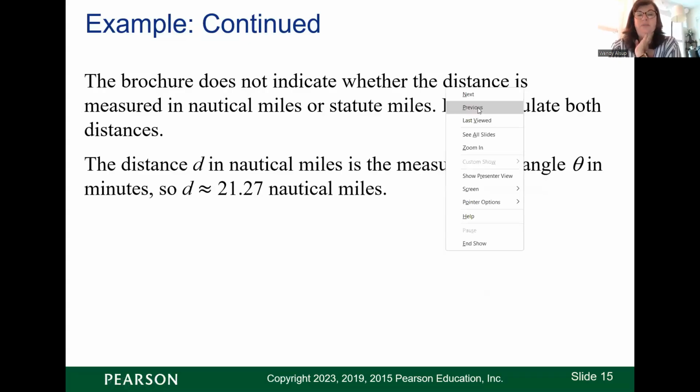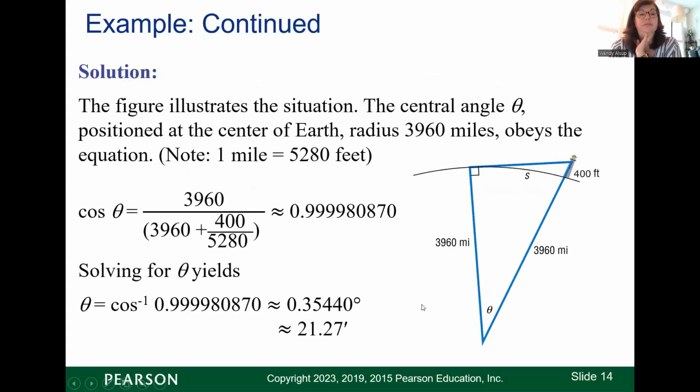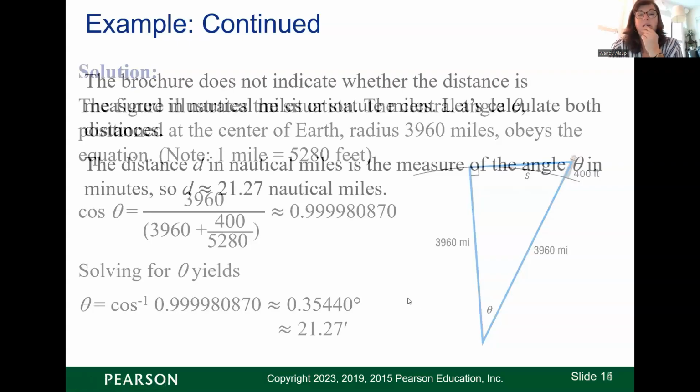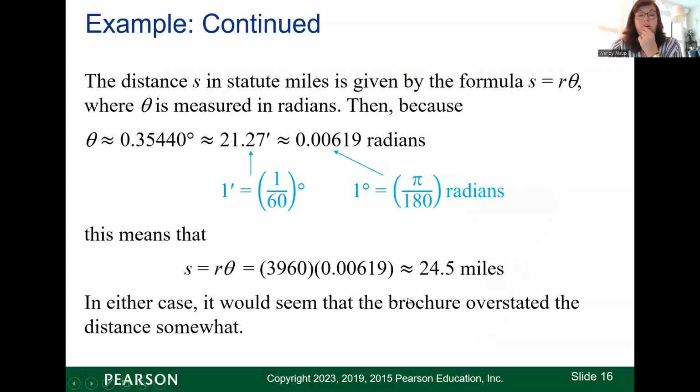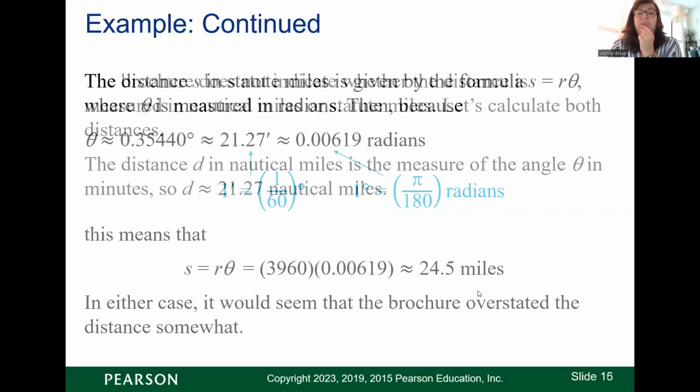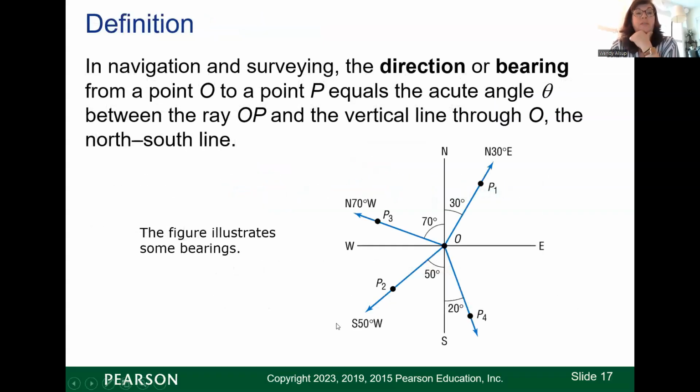But let's see, what was their conclusion? They think the brochure overstated the distance. I don't think the brochure did, personally, but I'm reasoning through it a different way than they do.